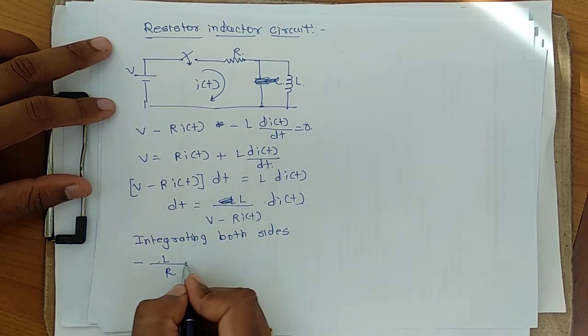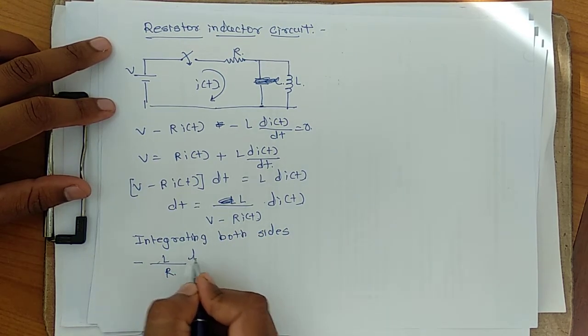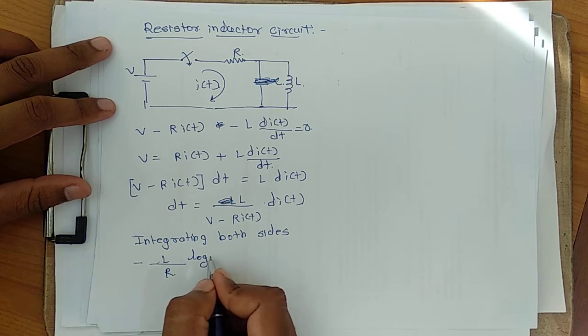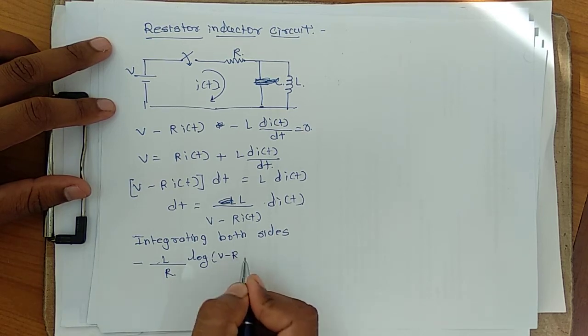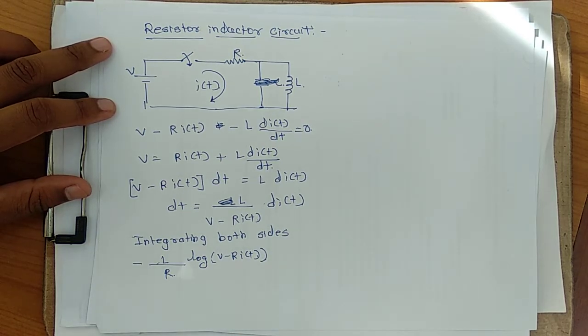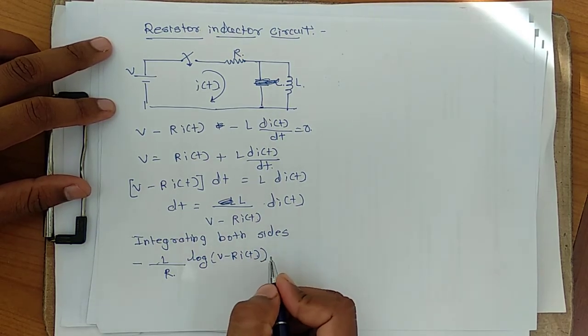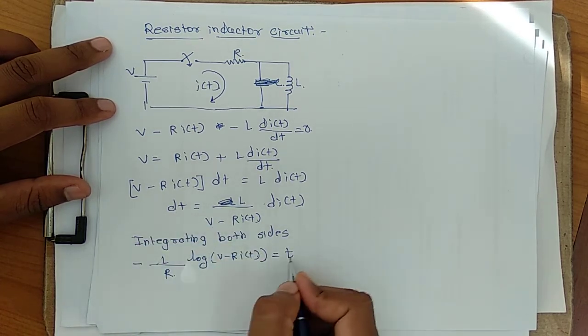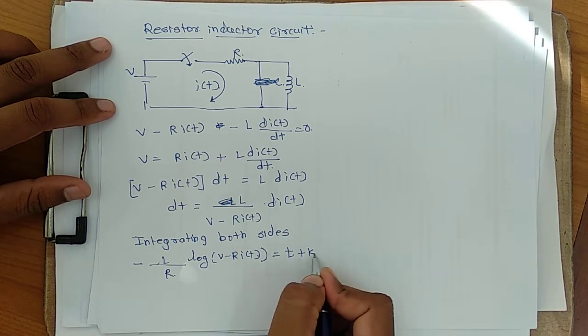So natural log of V minus R I of t is equal to t, that is the integration of dt, plus constant k.